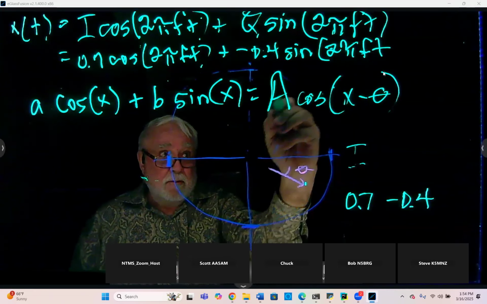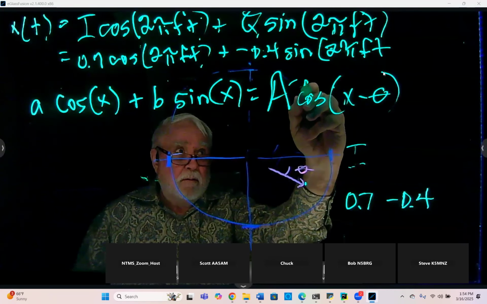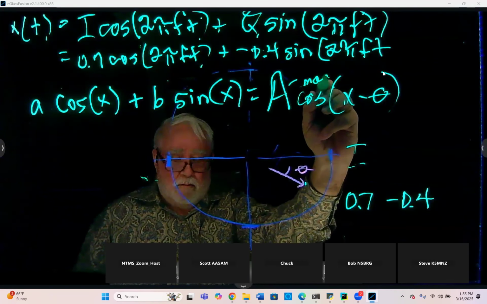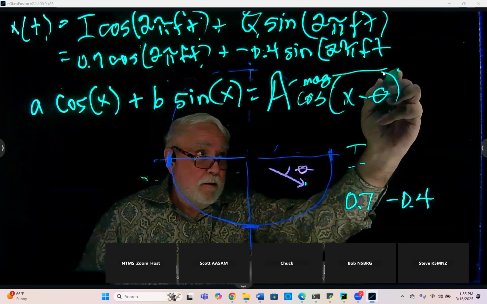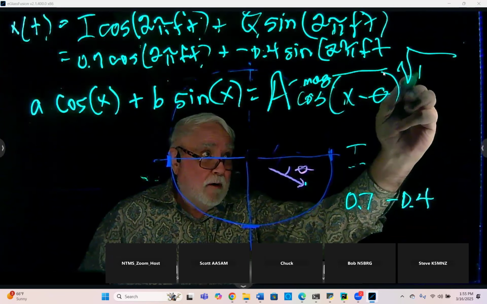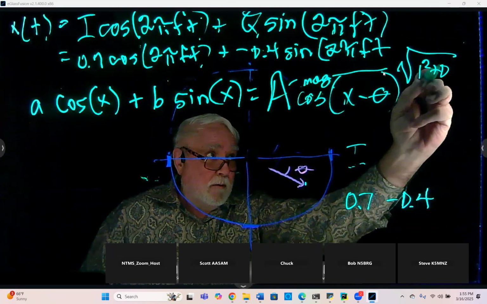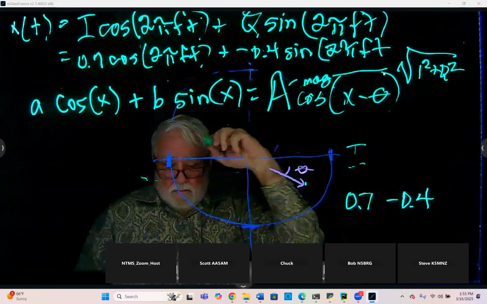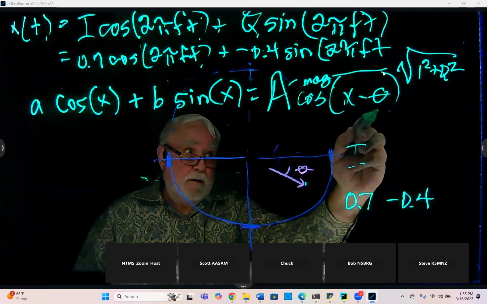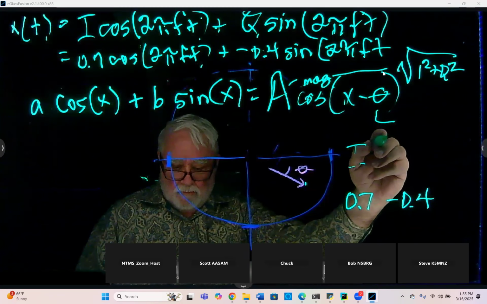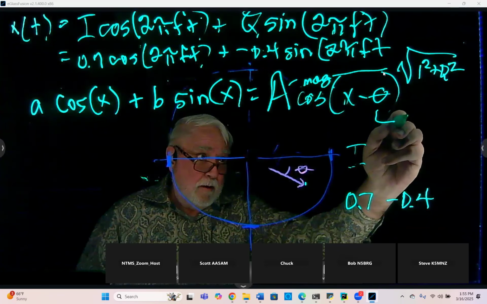A is the magnitude. We found that just a minute ago with the square root of I squared plus Q squared. And theta, the phase, we just found, which was a function of arctan.